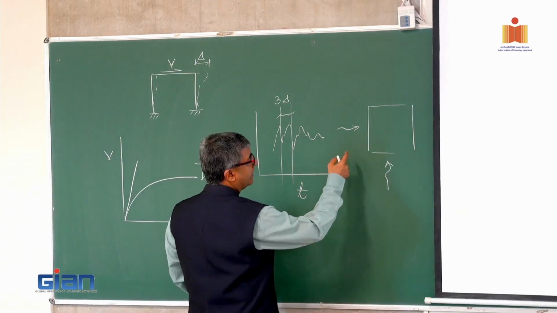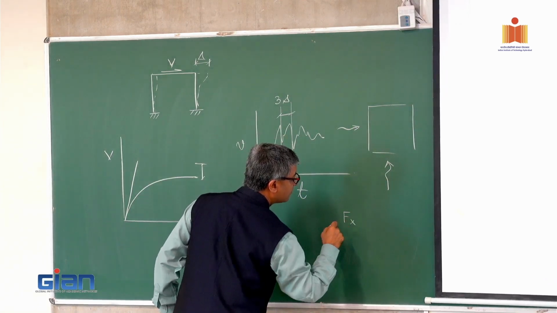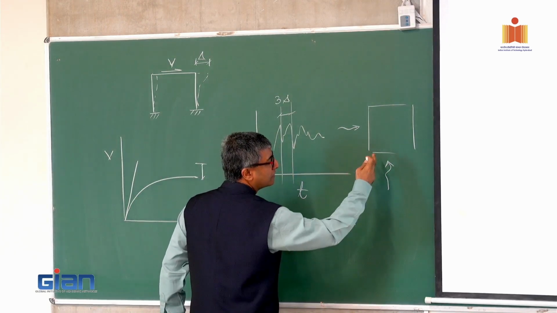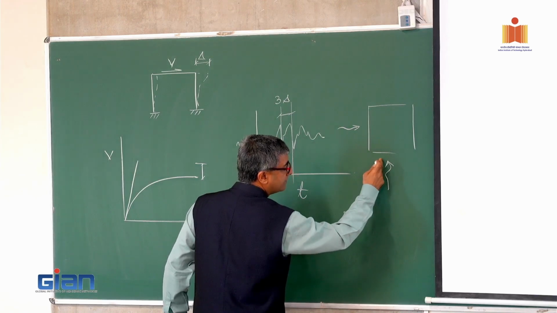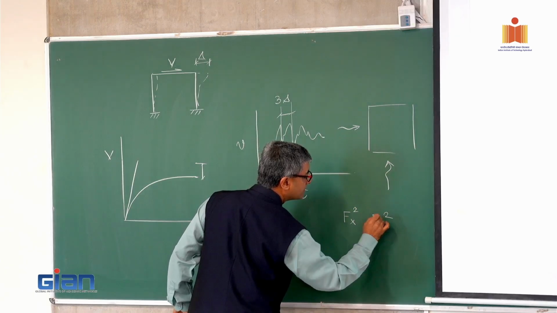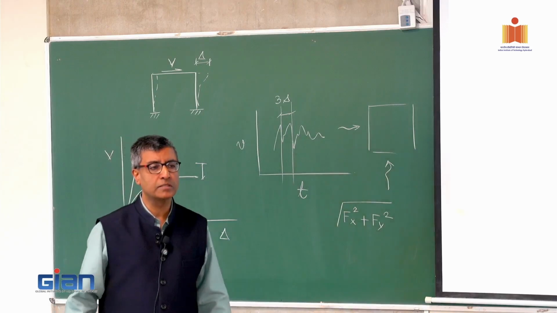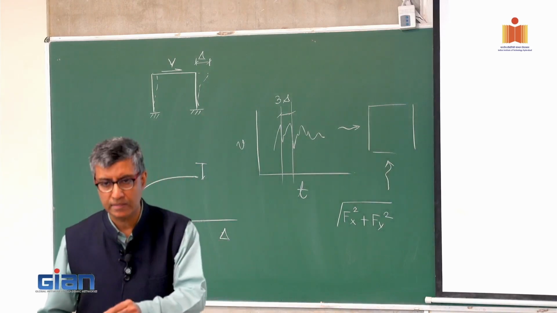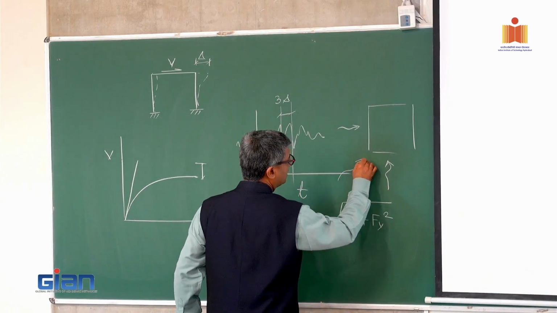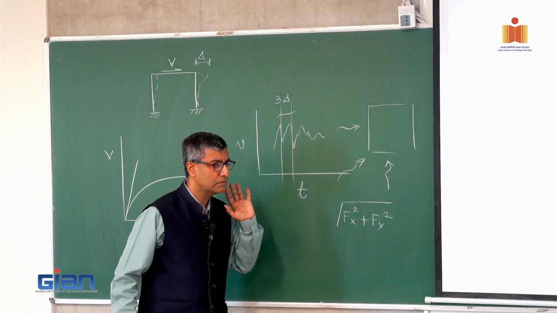Then if a force in a member due to this is say Fx, and the same quantity for the analysis in this direction is Fy, then I take their squares, sum them up and take the square root. This is called the square root of the sum of the squares. Like that we try to address that if the wind comes in this direction, then this expression will be satisfactory.